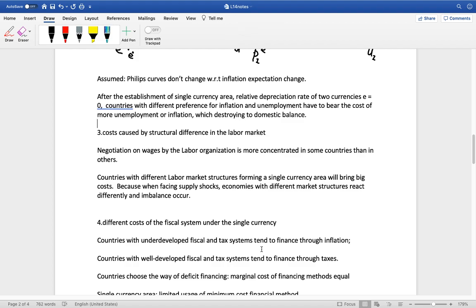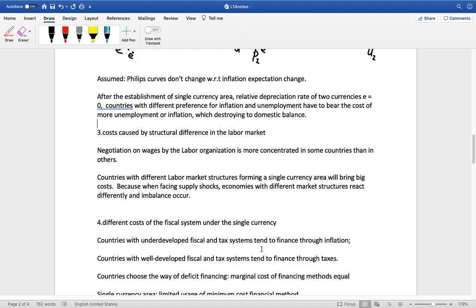When a country has a high degree of concentration in wage negotiation, the unified labor organization will take into account the inflationary effect of the wage increase and will not make excessive wage demands, because it knows that excessive wage demands will only increase nominal wages while the real wage will not change.